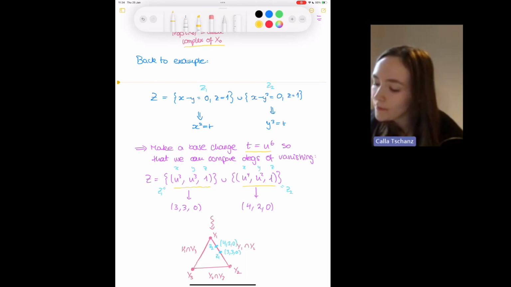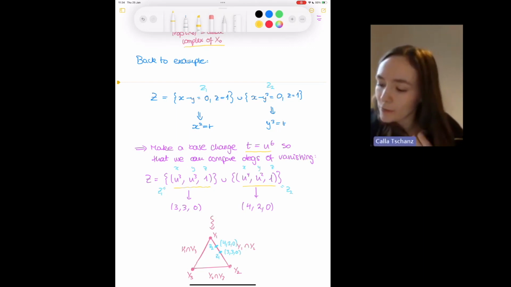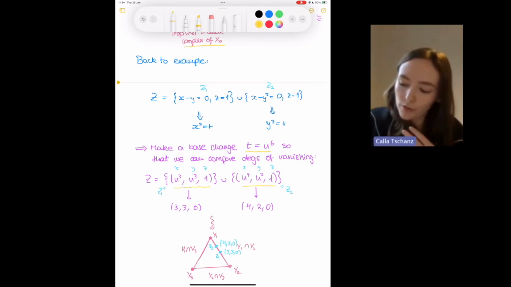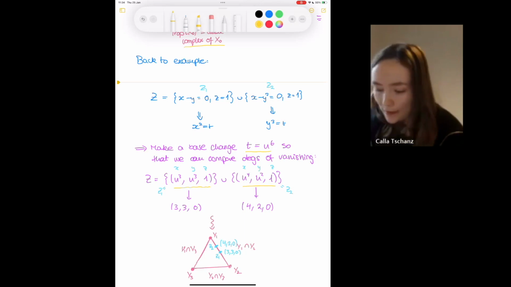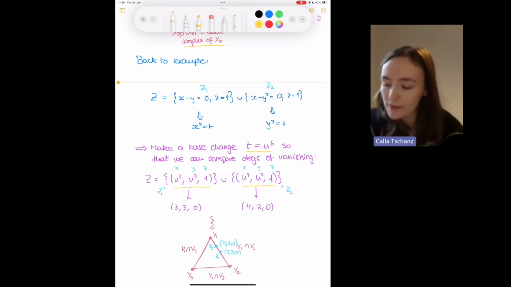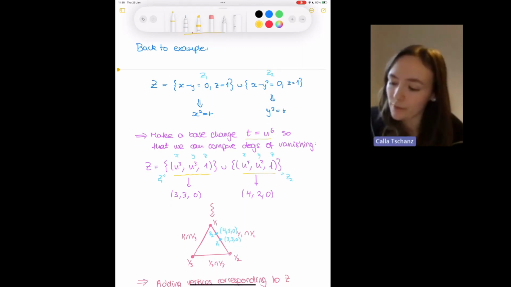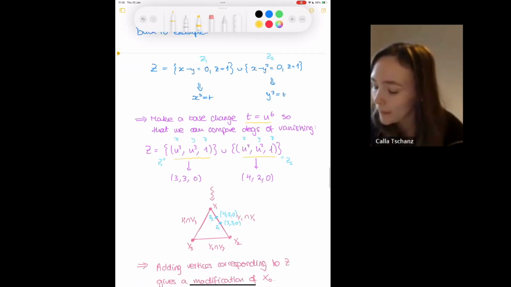And in Z2, which had x equals y squared, I can then write x equals u to the 4, y equals u squared, z equals 1. So I've chosen u in an appropriate manner so that I can write x, y, and z for both components as some power of u. This is just me re-expressing the family Z in a different way for convenience.